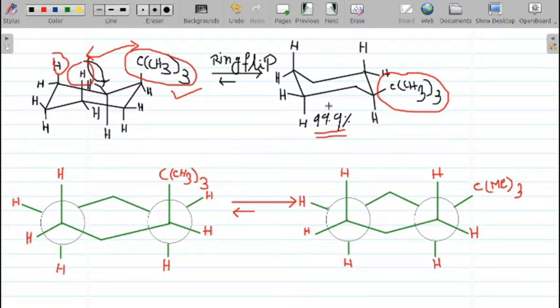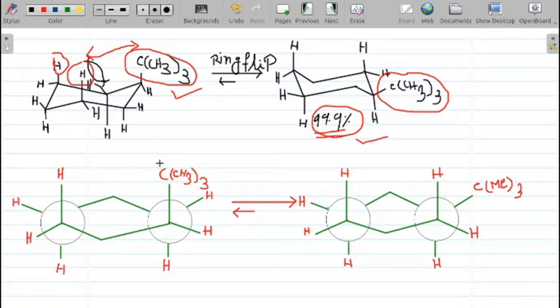And you can see that 99.9% of the chair conformers of the monosubstituted cyclohexane, where the substituent is the tert butyl group, are present with the tert butyl group in the equatorial position.